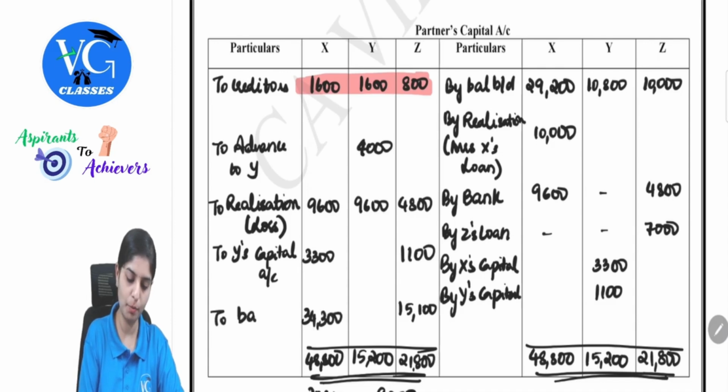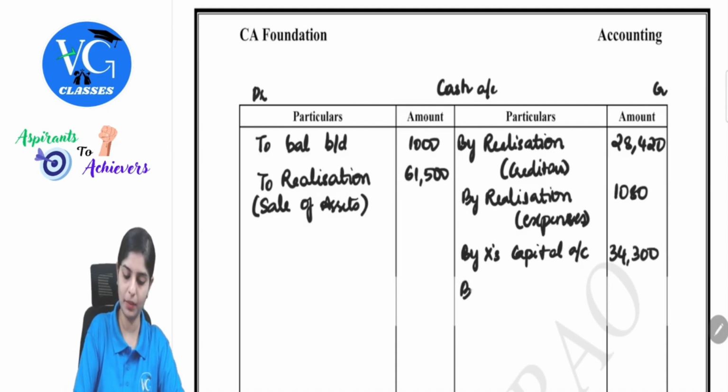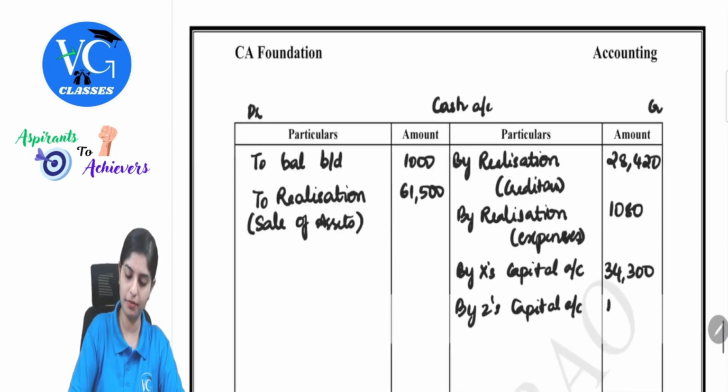This will be to bank. So X capital 34,300 by Z's capital 15,100.